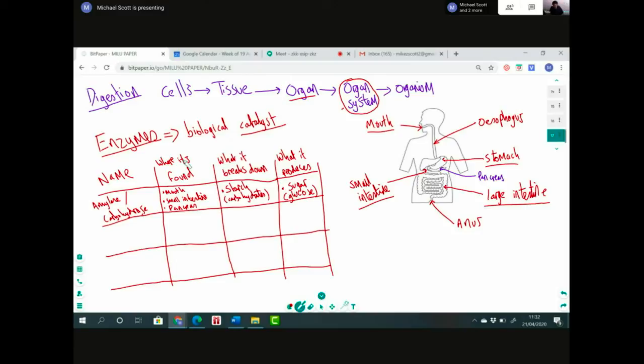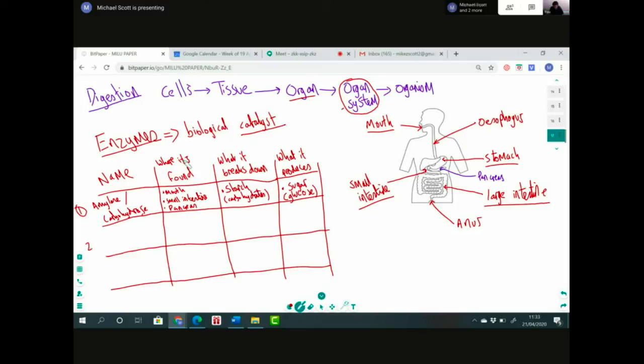And that's why, if you eat a lot of pasta or potatoes, it can lead to having a higher glucose level in your blood. And this is the reason why, because the amylase in your mouth breaks down that starch into sugar. Let's look at the second enzyme. So that's our first one.